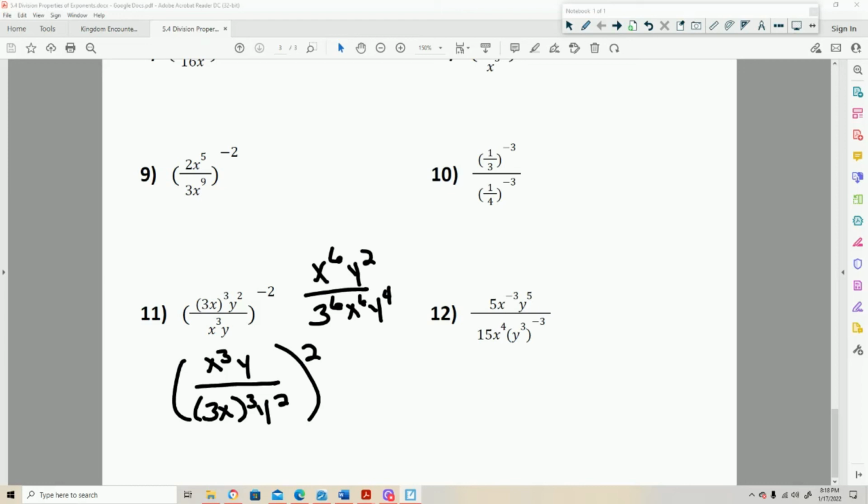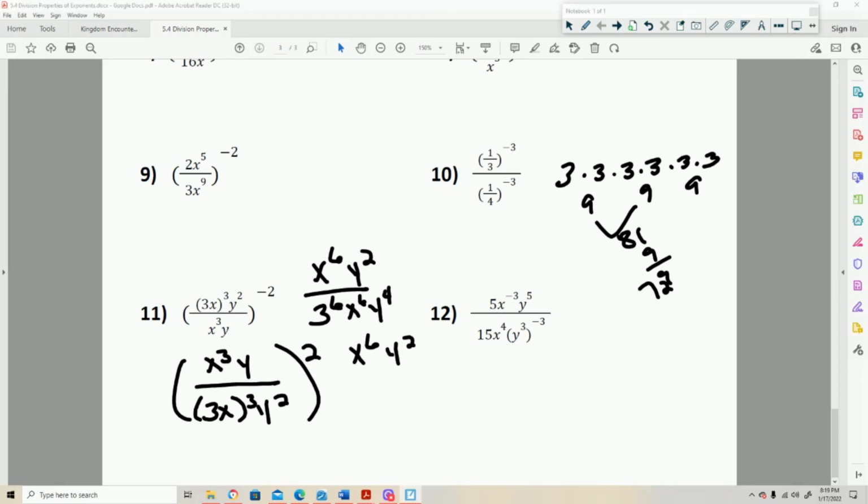Okay, if we really want to do this, 3 to the 6, you get 3 times 3 times 3 times 3 times 3 times 3. That's just 9 times 9 times 9, which is 81 times 9. That's 729. So if we really want to write this out simplified, x^6, y^2 over 729.